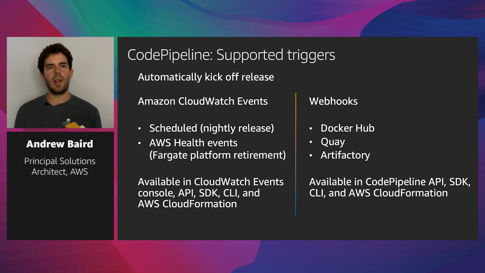So if there's a degraded instance within your environment that you want to trigger a new build on, or if a new deprecation notice comes for a particular service that you're utilizing, like Fargate, or for retiring a platform version, you can utilize CloudWatch events to trigger those. Or you can use webhooks. So webhooks for a variety of third parties can support triggering CodePipeline executions as well.